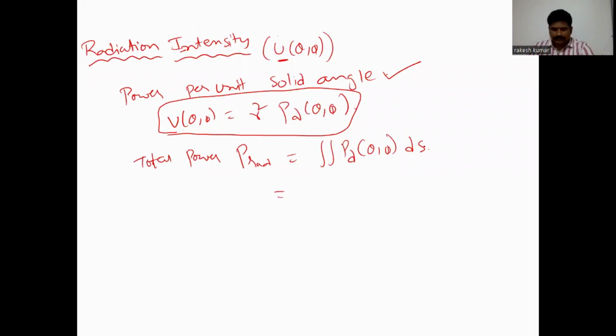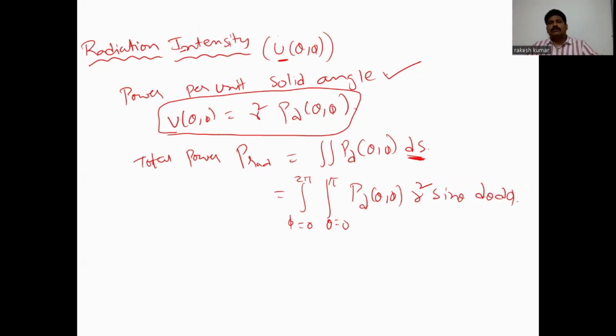What is the formula for ds? Already we know ds is r square sine theta d theta d phi. I apply the limits: phi from 0 to pi, theta from 0 to pi. So it is PD of theta comma phi r square sine theta d theta d phi.